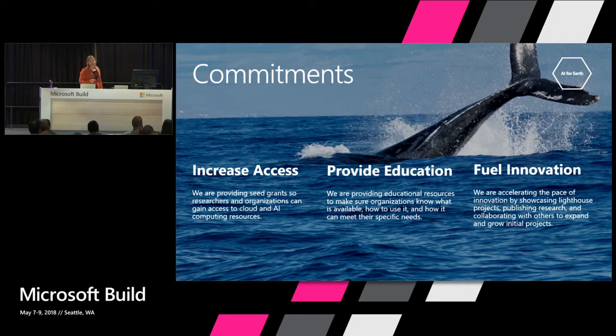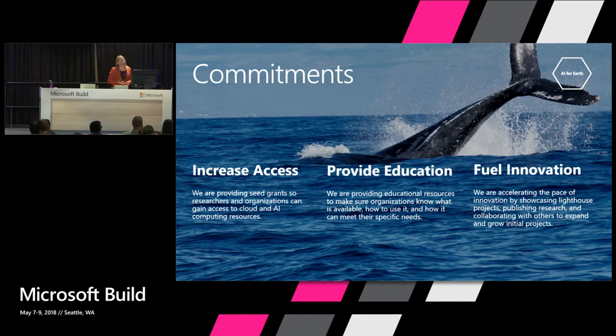That's where the AI for Earth grant program comes in. You can apply for a grant, and we can say, okay, here's $10,000, here's whatever amount of money, and then let them actually realize some of that work.